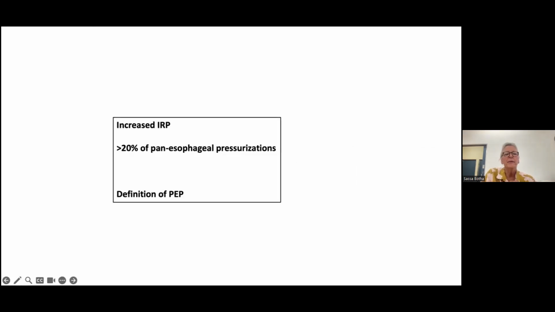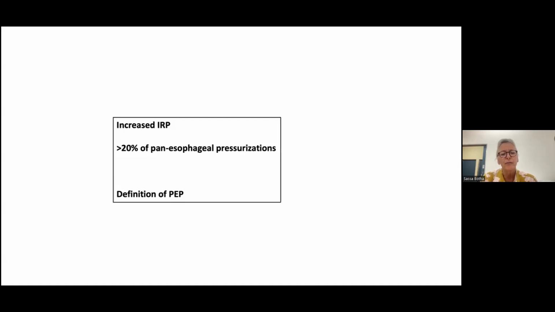So the increased IRP and 20% or more panesophageal pressurizations. I think in your exams they did ask about achalasia in the last paper, and that's the condition that most people will probably ask you about.